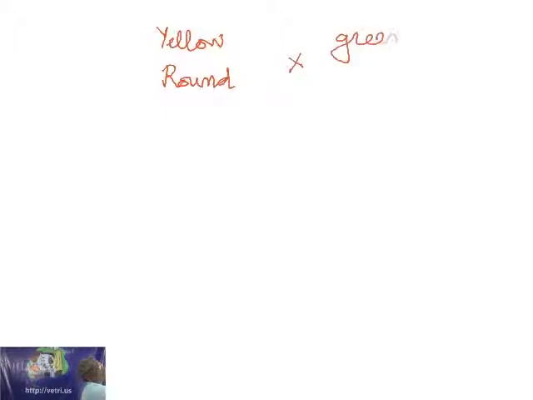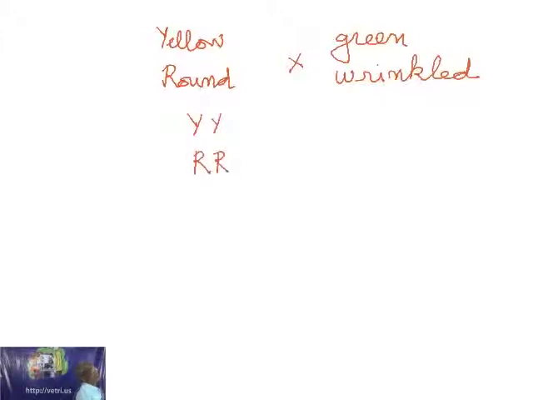So, as just now I read, Mendel took a yellow round variety, then he crossed it with a green wrinkled variety. Now this yellow round I designate like this. Green round like this.